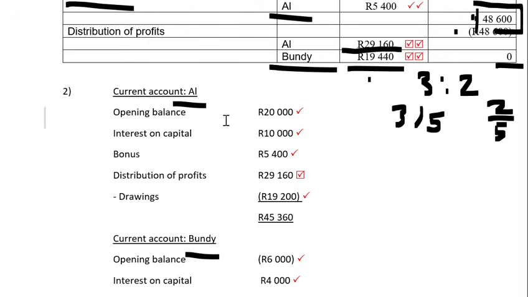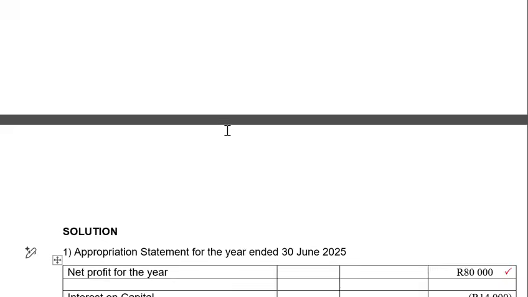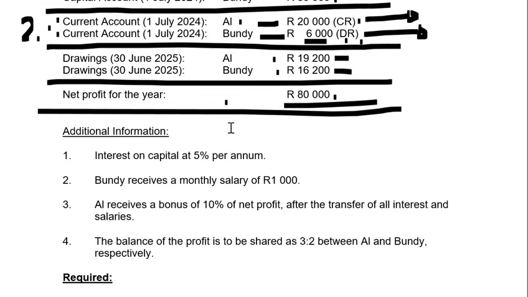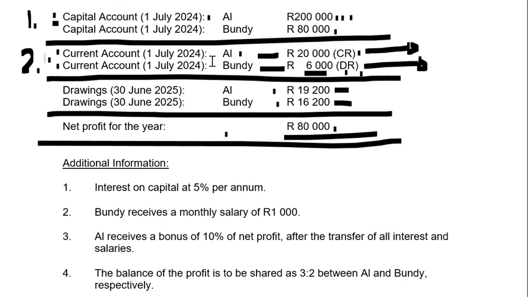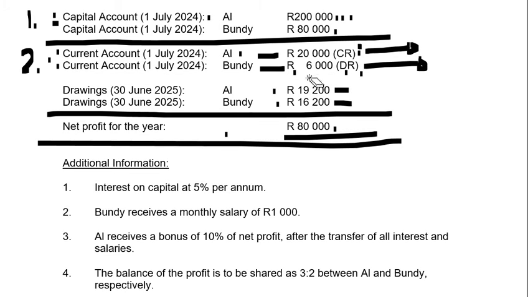The opening balance for L, if we go back to the information that was given to us, was 20,000 and it was a credit balance. And the opening balance for Bundy, I think that says 6,000. Yep, 6,000.